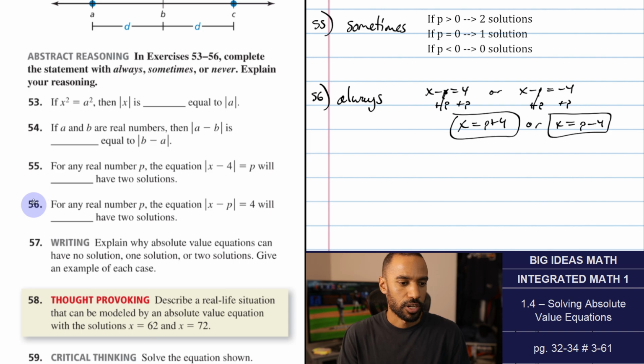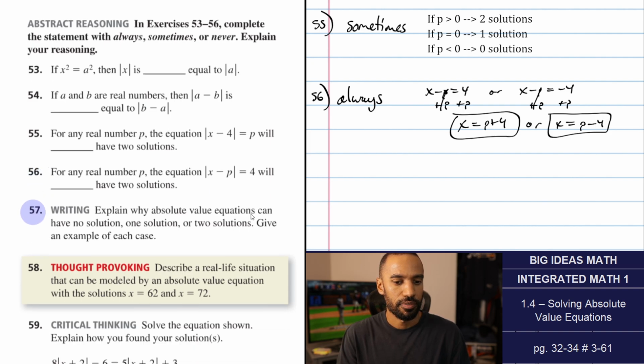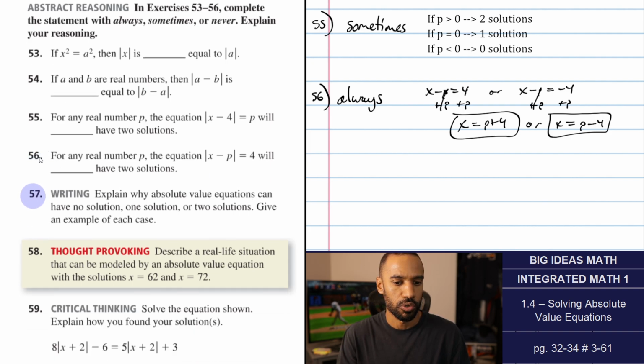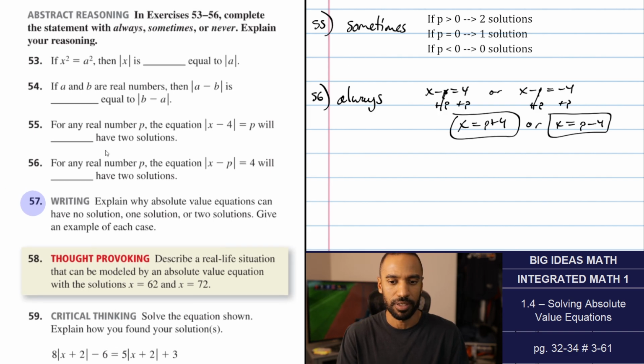Number 57 is a question on writing. Explain why absolute value equations can have no solution, one solution, or two solutions. Give an example of each case.